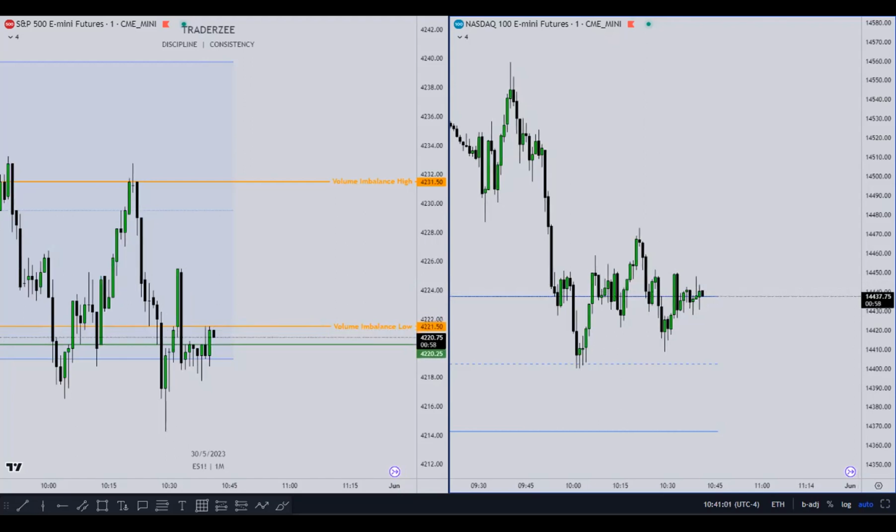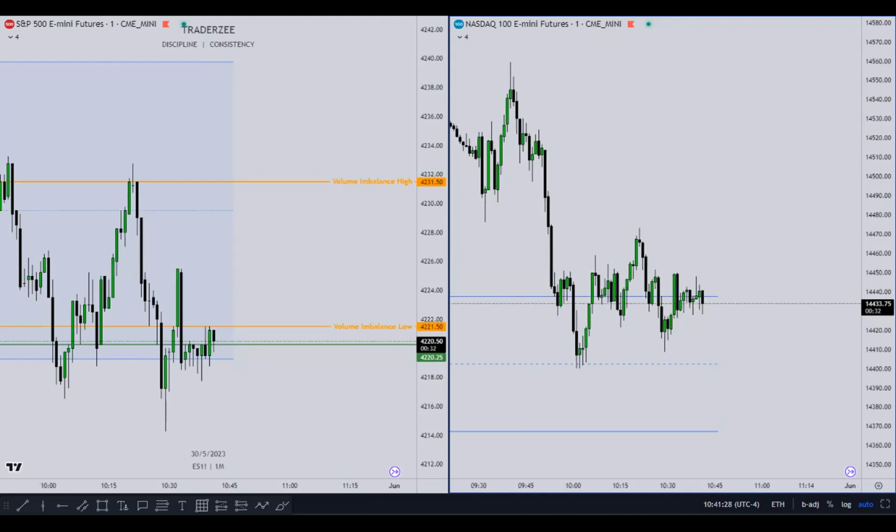So up till here, what we are watching, let me just recap it. NASDAQ is the relative strength leader. ES is failing to make higher highs. NASDAQ is failing to make lower lows. NASDAQ found some support at the current new week opening gap's consequent encroachment.